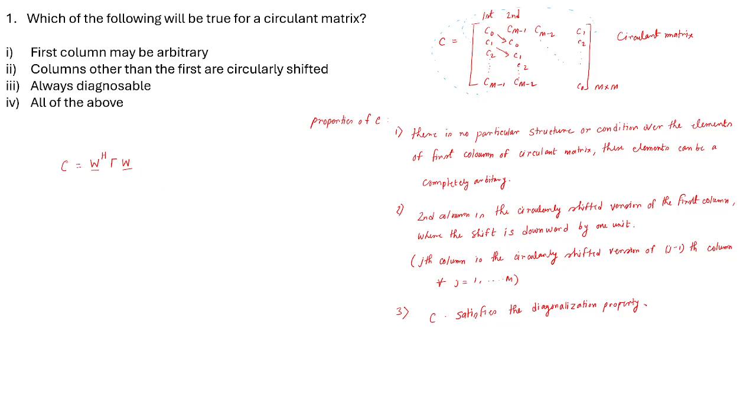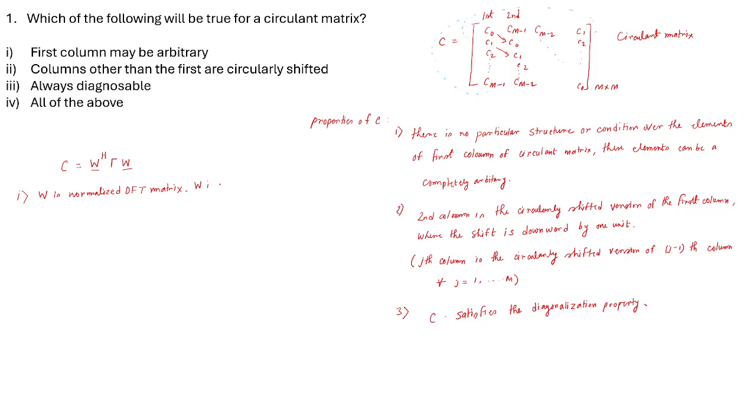That means W Hermitian is going to be equal to W inverse only. So let me write down these small properties here, otherwise it's difficult to remember. First thing is W is the normalized DFT matrix.